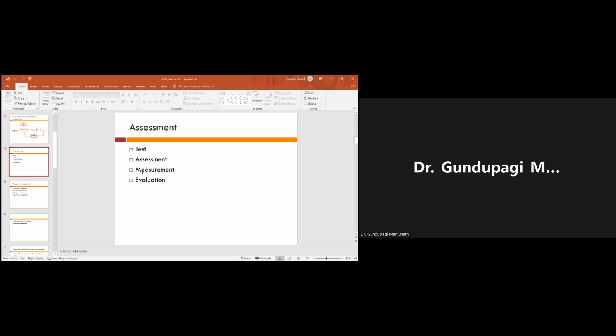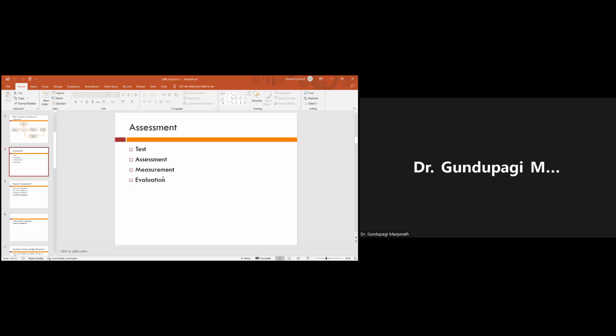So the next one is evaluation. How are we evaluating? After testing, after assessment, after measurement, we are evaluating. What is this evaluation? Evaluation is a process where we are making certain judgments based on criteria, or sometimes based on evidence. Suppose the student has met the criteria.